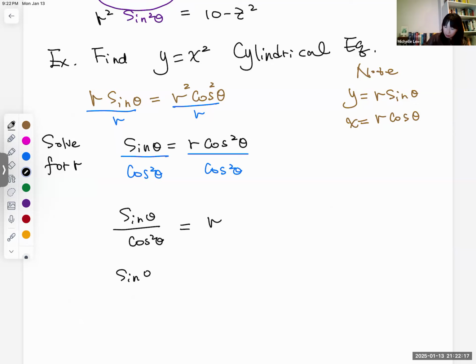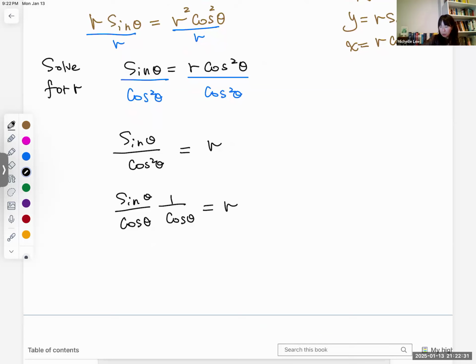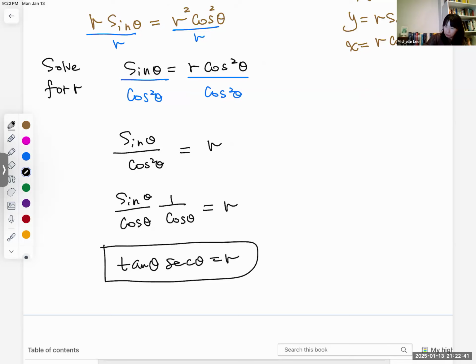So sine theta over cosine theta times 1 over cosine theta equals r. Sine over cosine is tangent theta, and 1 over cosine is secant theta. That is the answer. Is it okay?